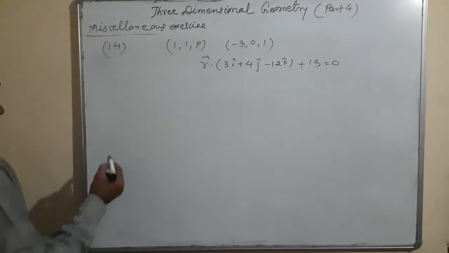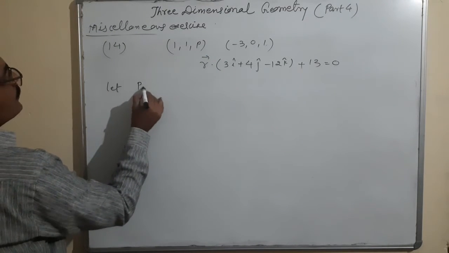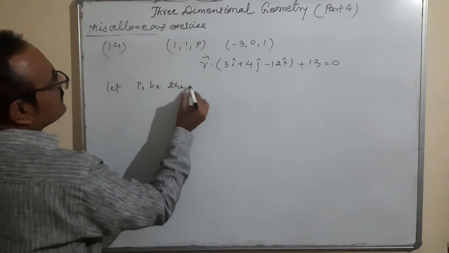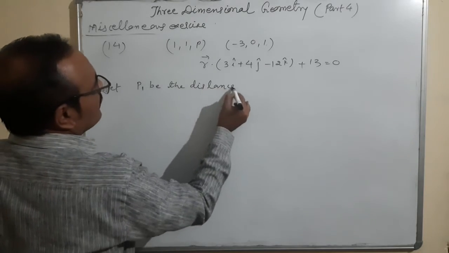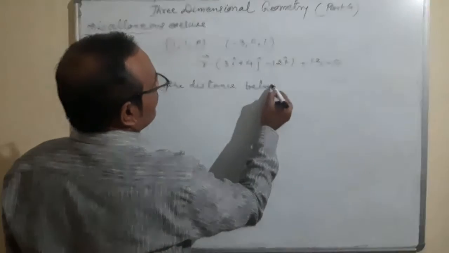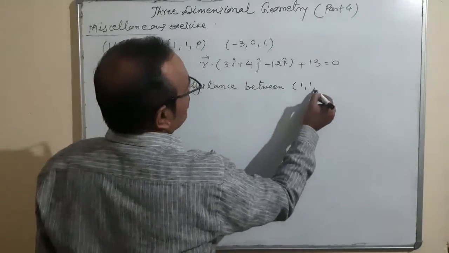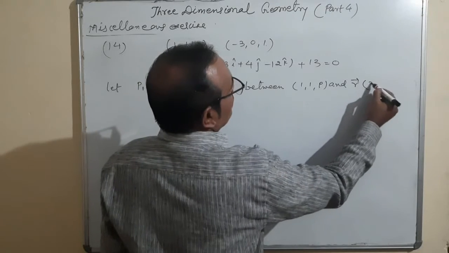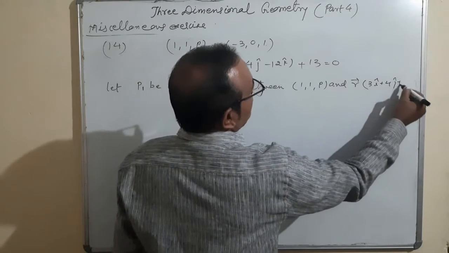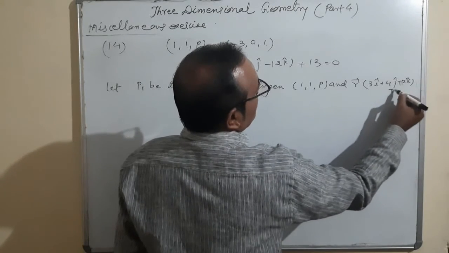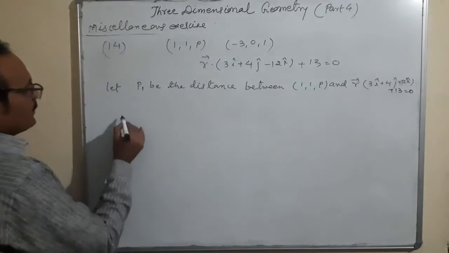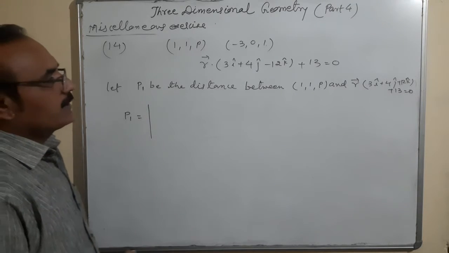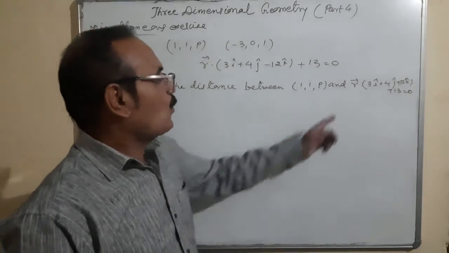Okay. So first let P1 be the distance between (1, 1, P) and the plane r vector dot (3i plus 4j minus 12k) plus 13 is equal to 0. So P1 is equal to, may I write, what is the equation of this plane?